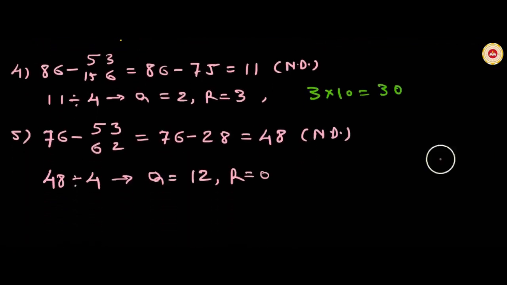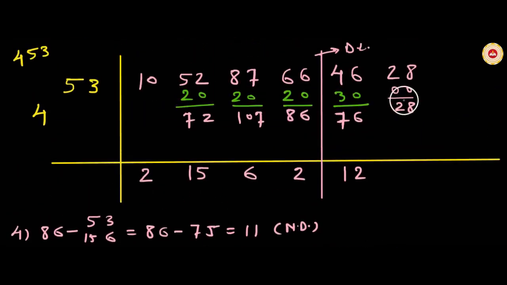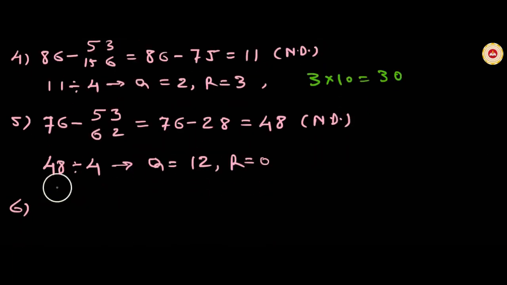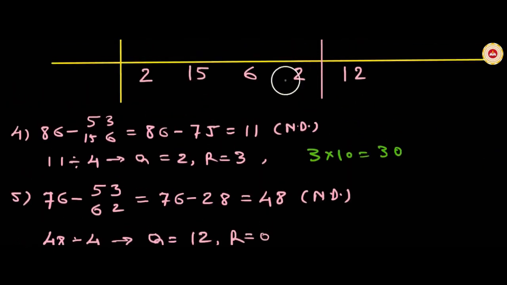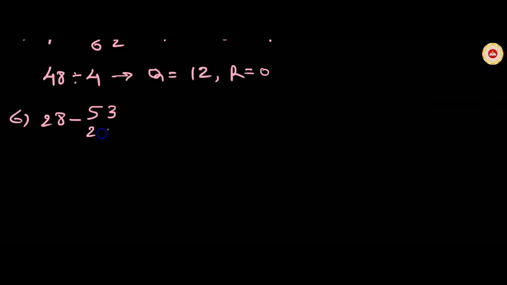Now, step number 6. What is step number 6? 28 is the gross dividend. Subtract the cross product of the two flag digits, 5 and 3, and the last two quotient digits, which are 2 and 12. That gives 28 minus: 12 fives are 60, 60 plus 2 threes are 6, 66.